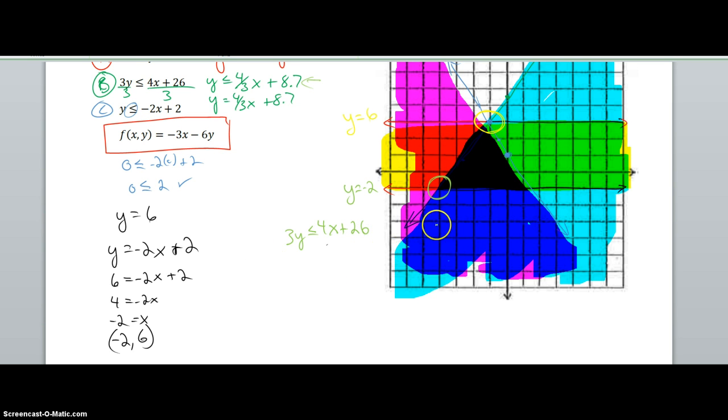If we figure out where these two lines intersect, we will find the vertex. We know y is negative 2, so we're just going to substitute negative 2 in for y and figure out our x and y values.